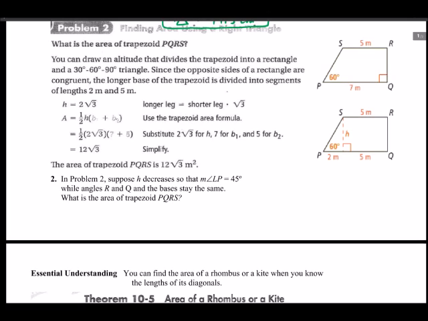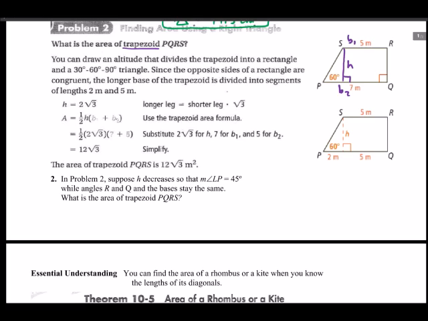We want the area of trapezoid PQRS. So we are told we have a trapezoid. So we know we are looking at base 1, base 2, and uh-oh, where's the height? We are not given the height. But what do you see? The height would be right here, measured perpendicular.